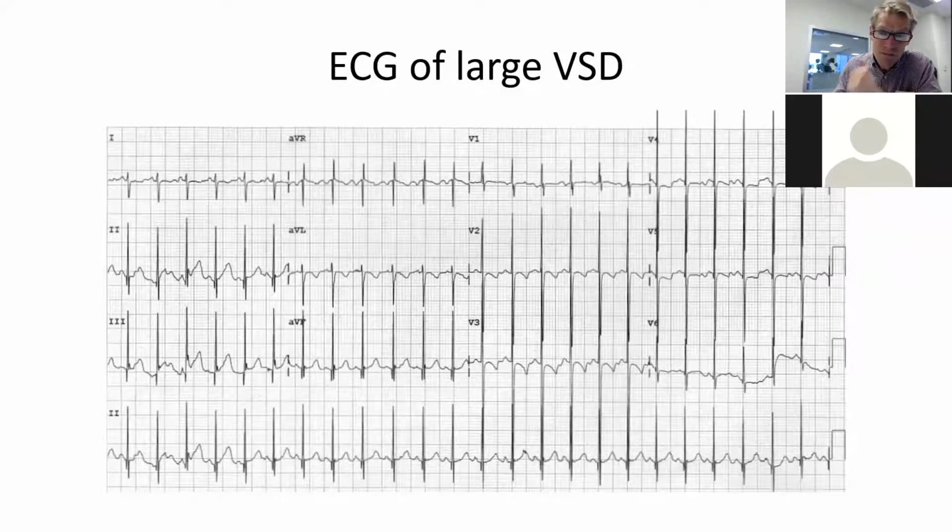Upright P wave in V1 and AVF. Yes, is the P wave upright in V1 and AVF? Yes, it's upright in there, and it's upright in AVF. So therefore, the P wave axis must be between 0 and 90 degrees. So therefore, that is sinus rhythm.